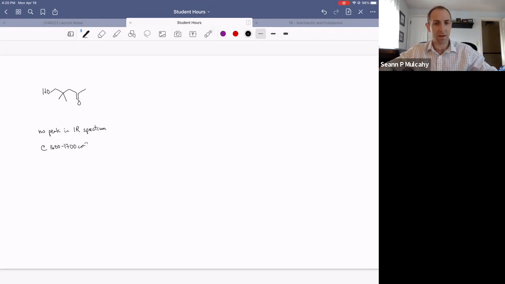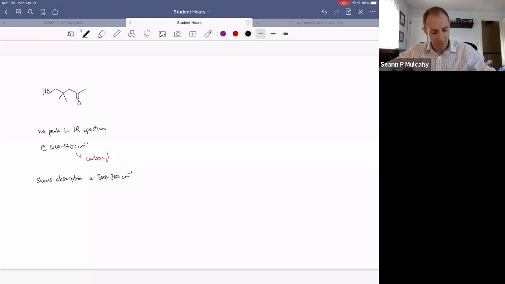And you'll recall that this 1600 to 1700 region indicates that you have a carbonyl. But it does show an absorption at 3000 to 3400 reciprocal centimeters.